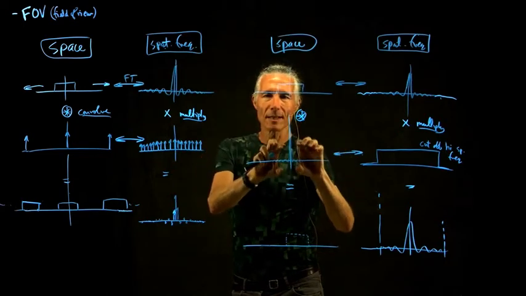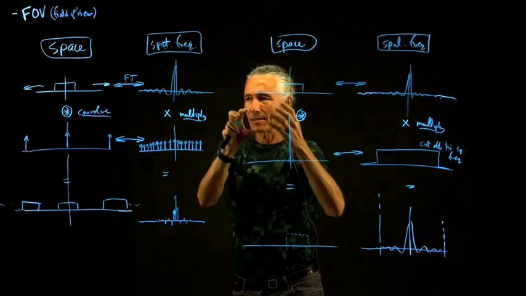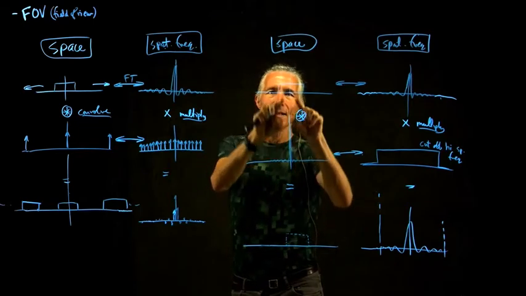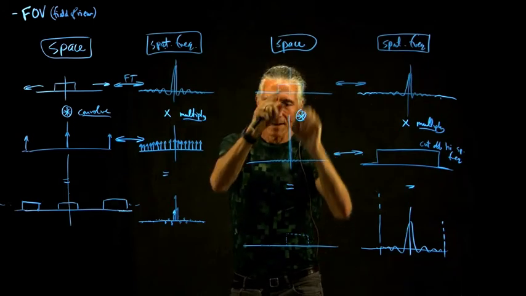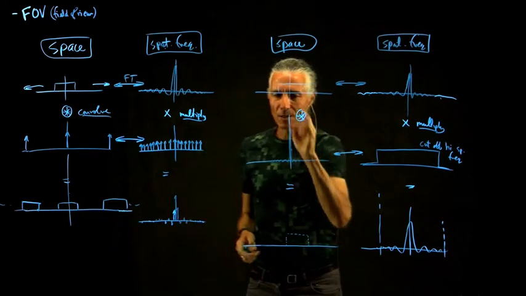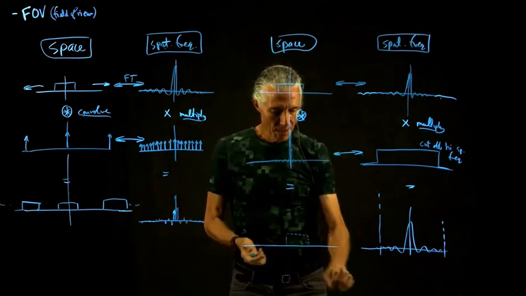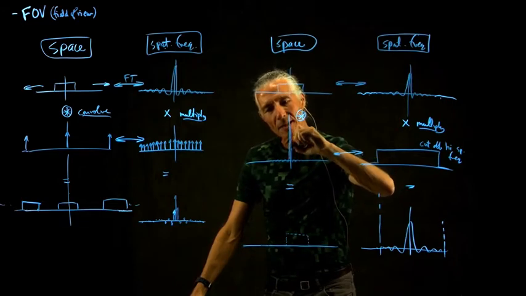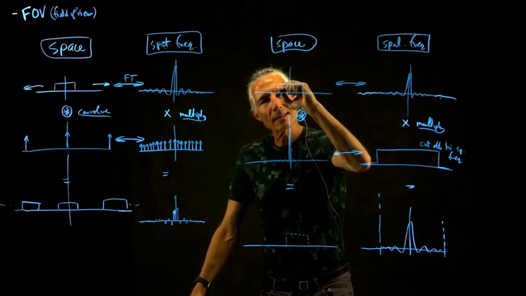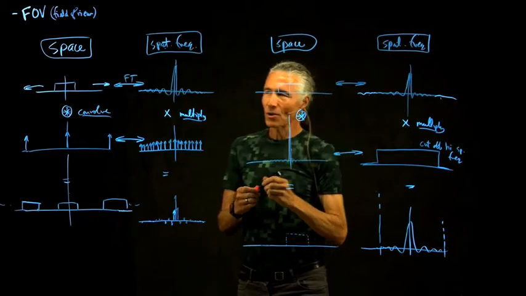So if you take this thing and multiply it by zero, you get zero. If you take this thing and multiply it by a flat number, you get the same flat number, except when you get to the edge. So when you get to the edge, what's going to happen? Well, this thing looks like a rising edge, and so it's going to correlate with it.